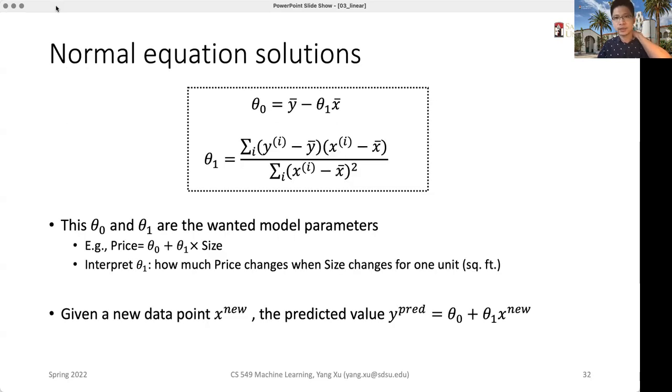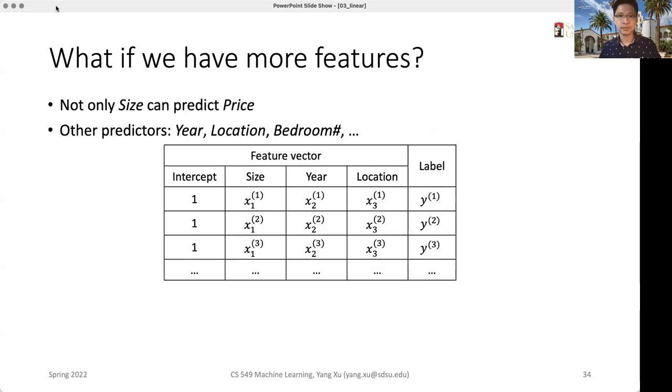So now let's proceed to a slightly more complex example. We know that in real-case problems, it's usually more helpful when we have multiple features, right? Let's include the year of the house and the location of the house as other features, okay?